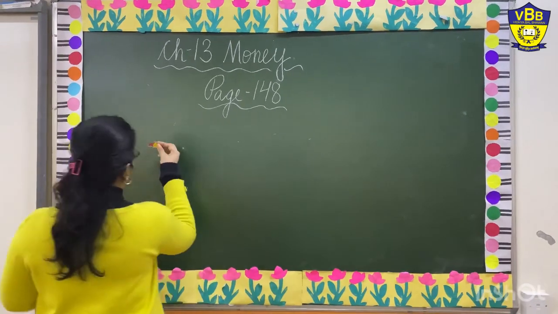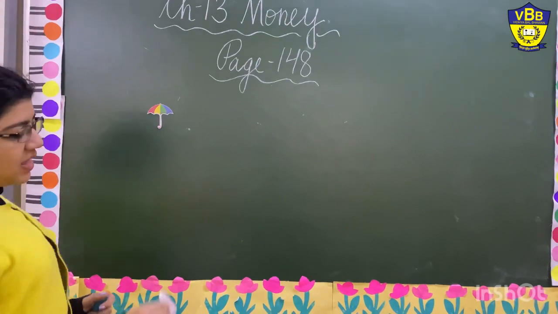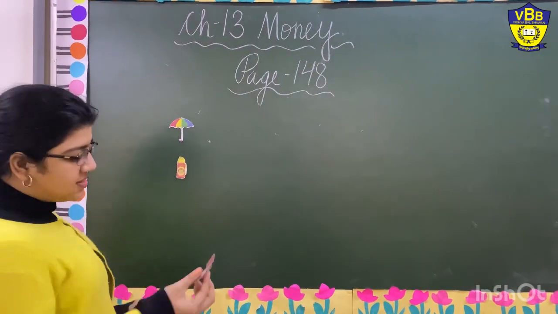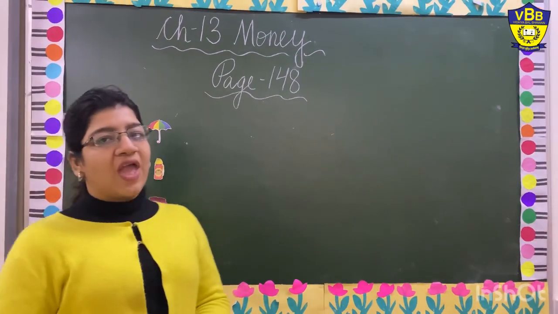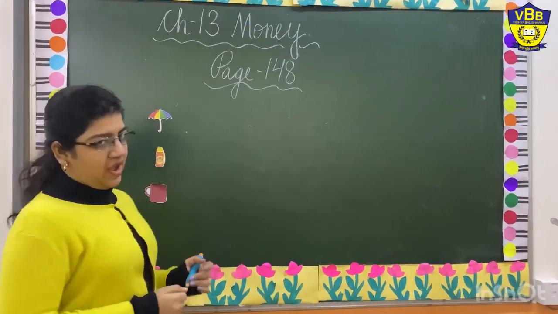Now look here. The first one is an umbrella, the second is a water bottle, and the last is a mug. We have to calculate the amount of money they have spent on each gift.